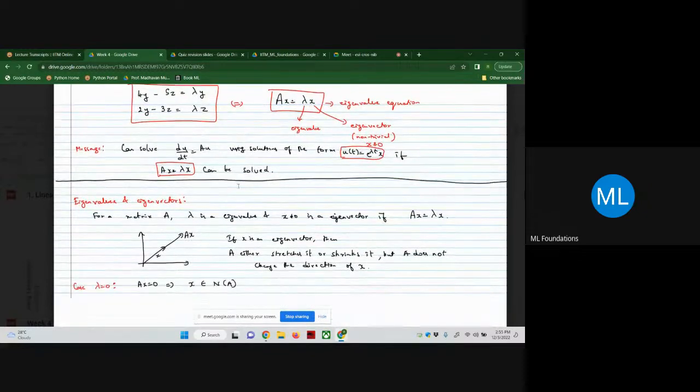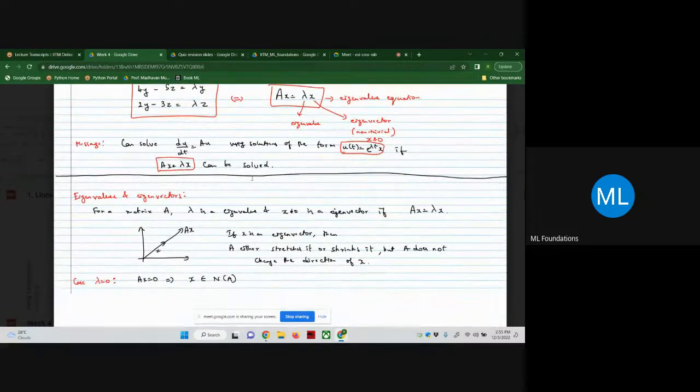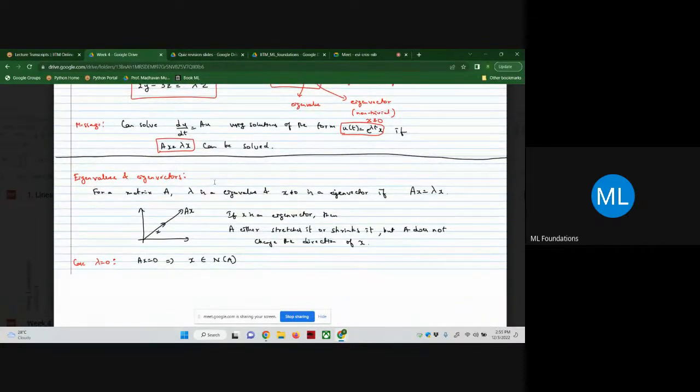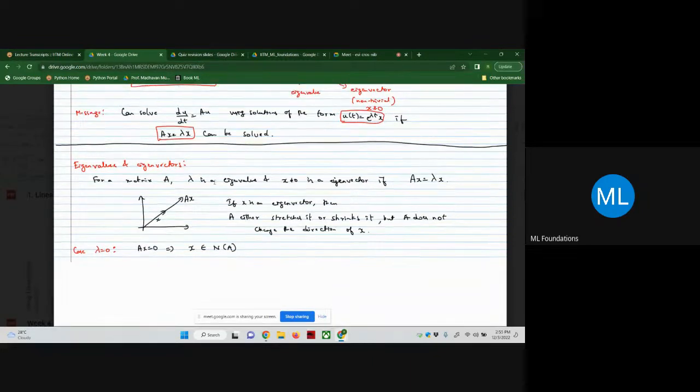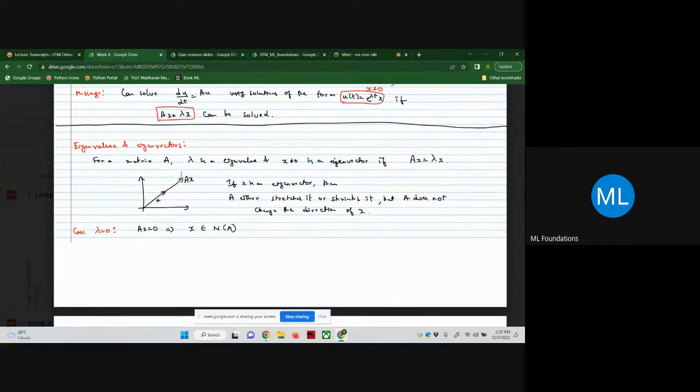By solving it, the solution is the determinant of A minus lambda I, which should be equal to 0. By equating it to 0, you'll get the lambda values, or the eigenvalues, and using the eigenvalues, we can solve for the eigenvectors.